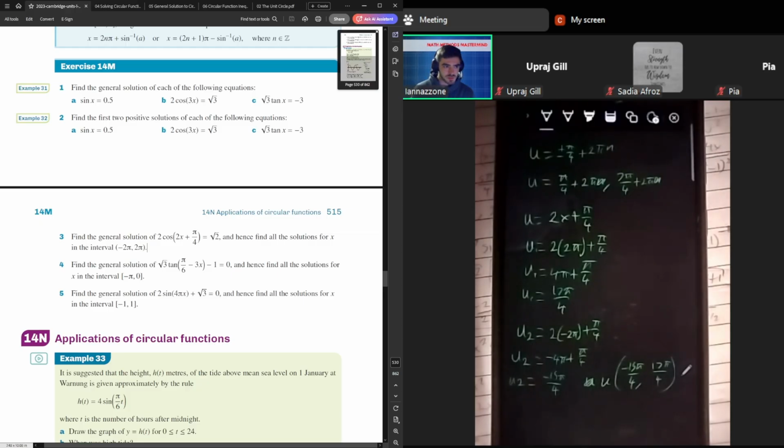The reason getting the general solution becomes more important is that for general solution kind of questions, you don't necessarily need to fix up the domain, and you'll see why once you have the general solution. It's good to have it, but yeah.